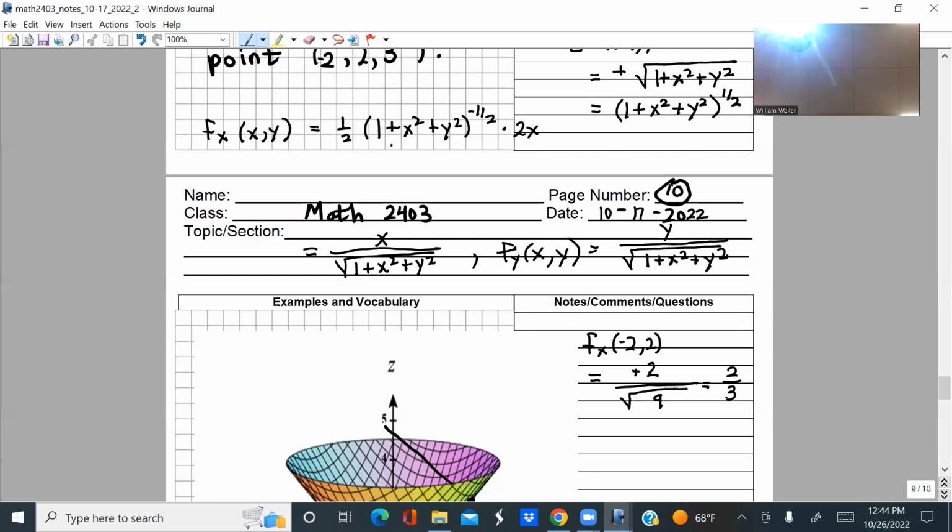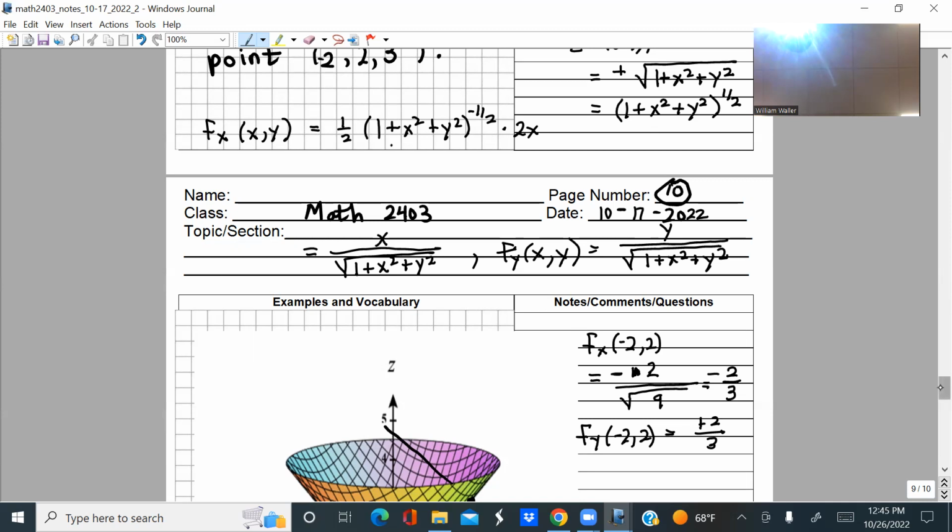Wow, great. And what's the partial with respect to y going to be? Negative 2/3, I think. Yeah, but didn't I have, you're right, I was thinking too many negative signs there. All right, so negative 2/3, and then this is positive 2/3.